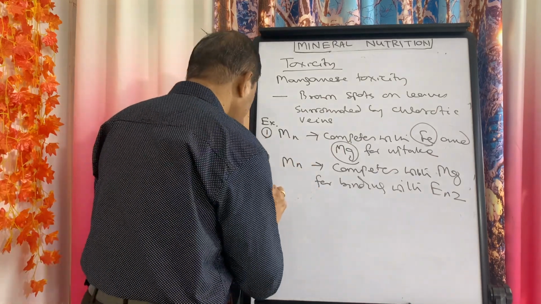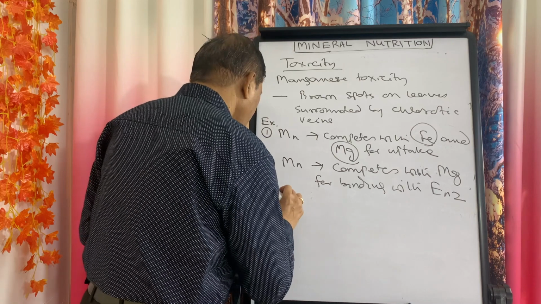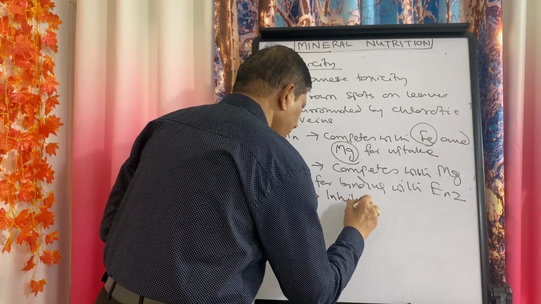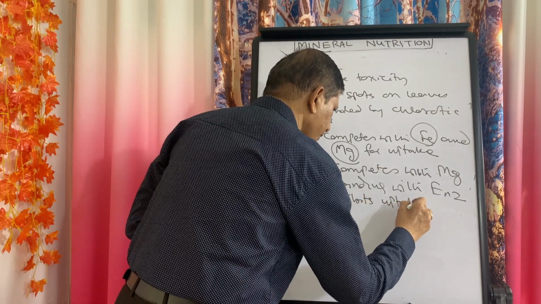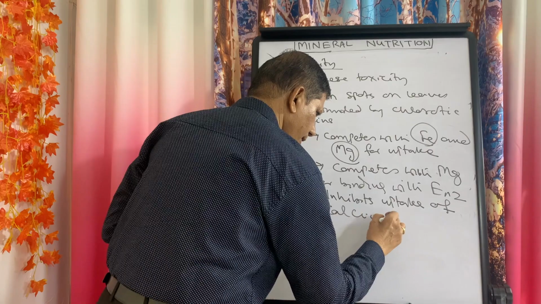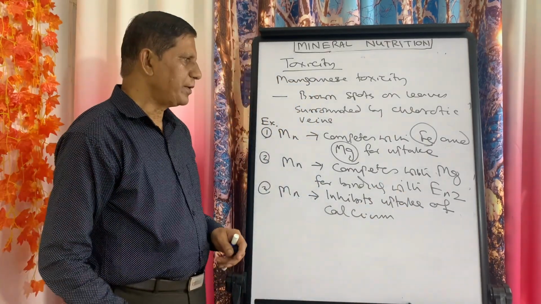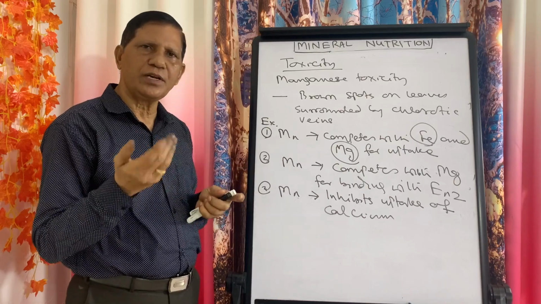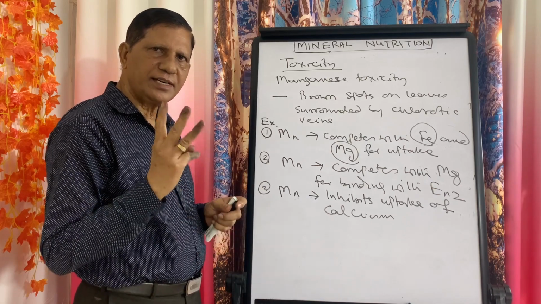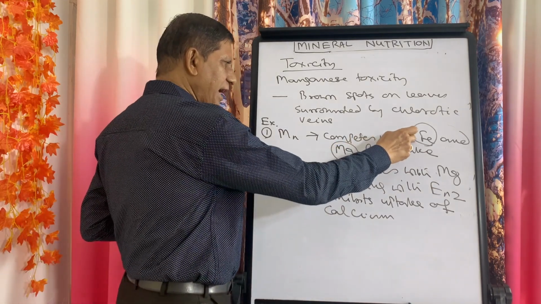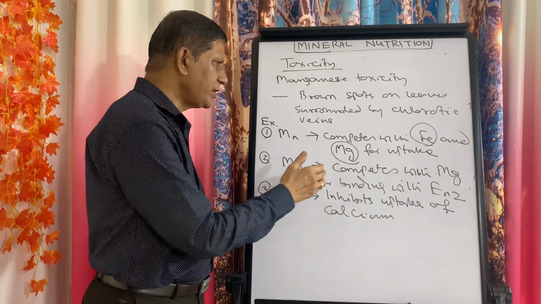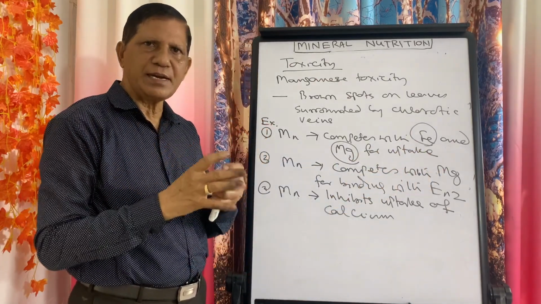Now let us take the third case. Manganese also inhibits uptake of calcium. From these three, what is the conclusion? When manganese concentration is high in the plant body, three things happen. Number one, iron and magnesium quantity becomes less because manganese competes for uptake. Second, it competes with magnesium for enzymatic activity.